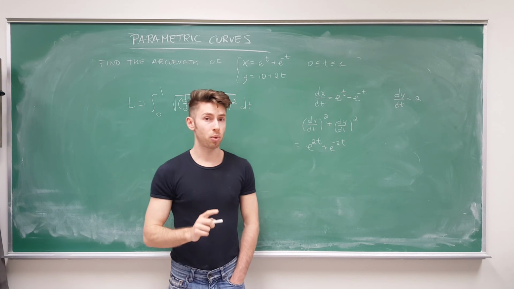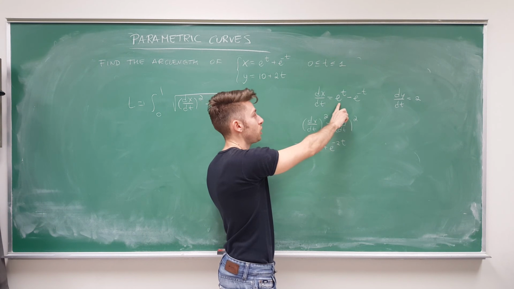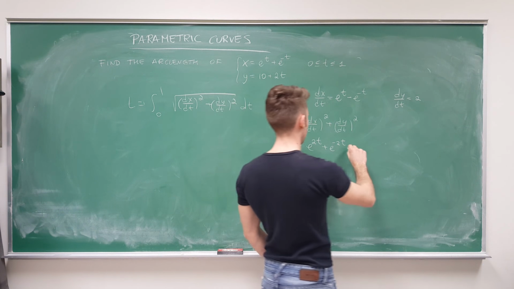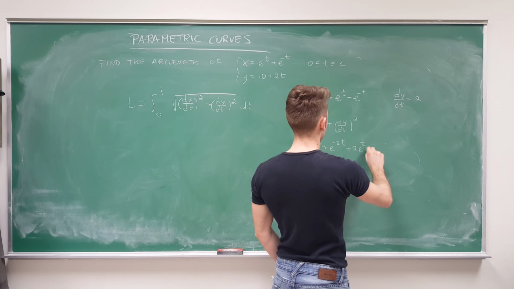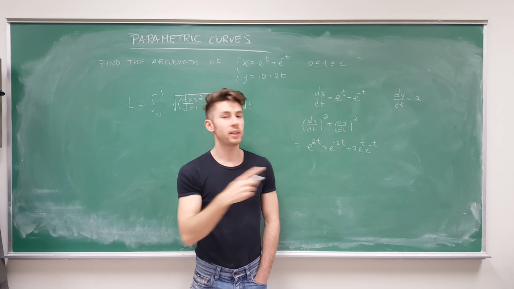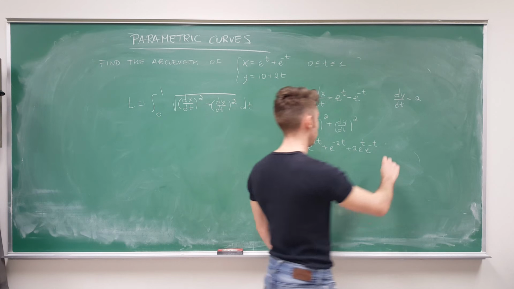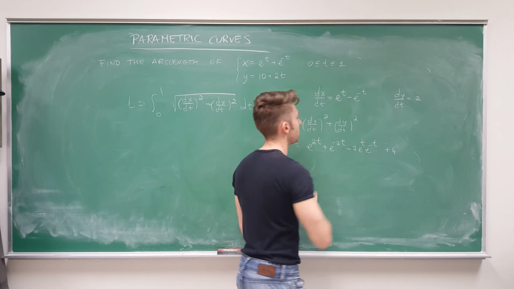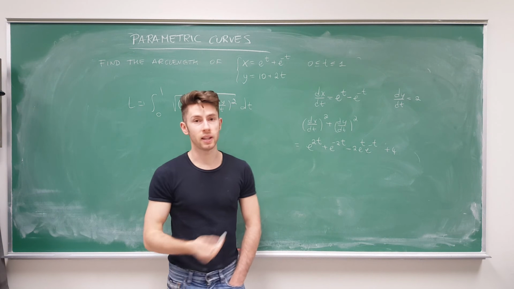And then I have twice the product, so 2 times e to the t times e to minus t. And then I have plus dy/dt squared, that's just 4. I'm sorry, this is minus because one of them is negative.